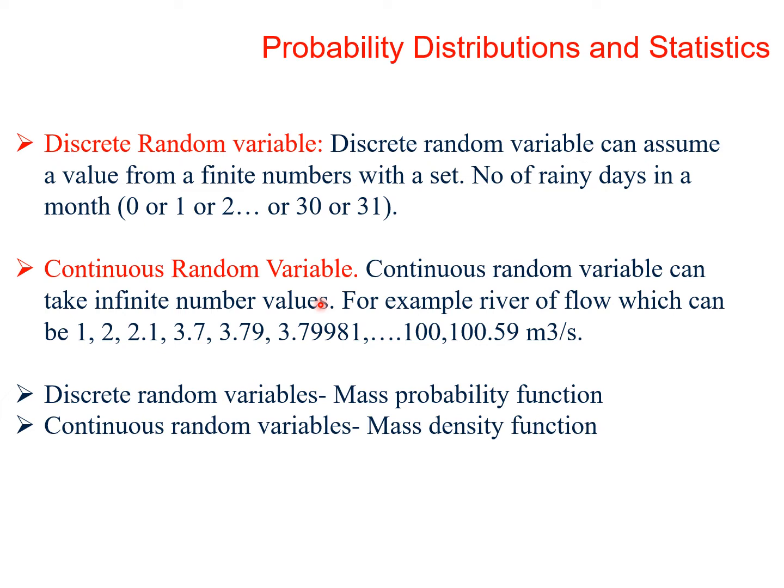Most of the variables in hydrology are continuous random variables, but there are also some discrete random variables. Once we know whether a random variable is discrete or continuous, we can assign associated probabilities using a probability mass function for discrete random variables, and a probability density function for continuous random variables.